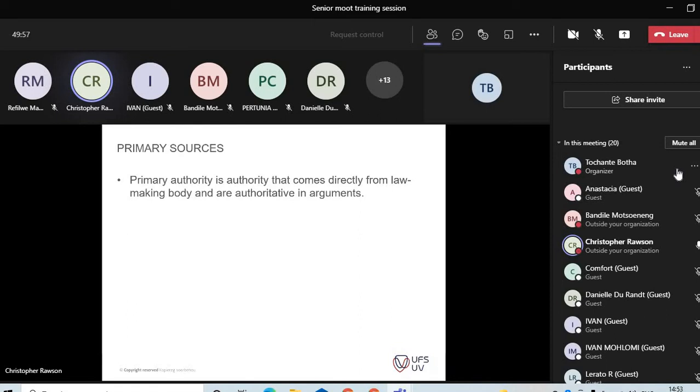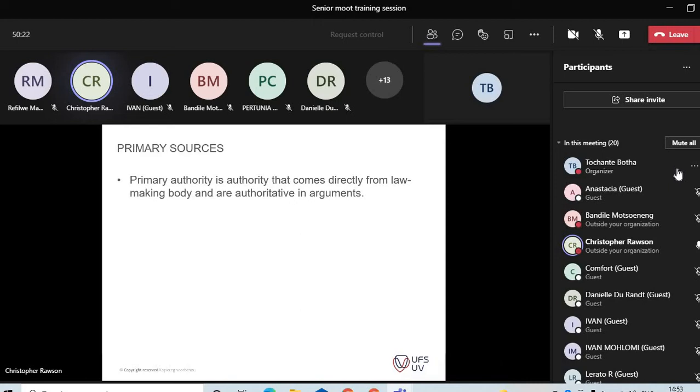So let's take the regulations that we currently have in front of us. We have the Disaster Management Act and we have the regulations. And those regulations say that you may not be outside of your house without a good excuse after 10 o'clock in the evening. So your Disaster Management Act would be your primary source.